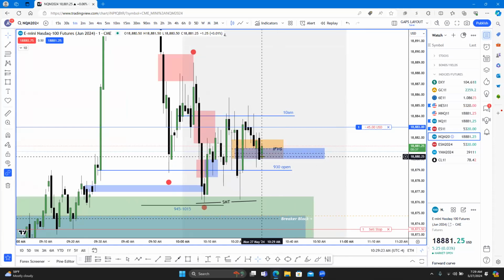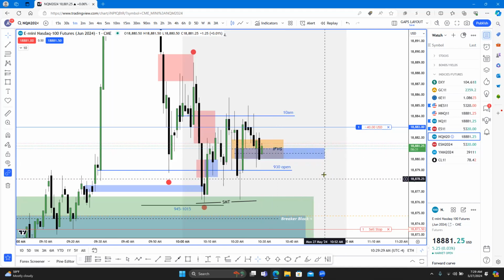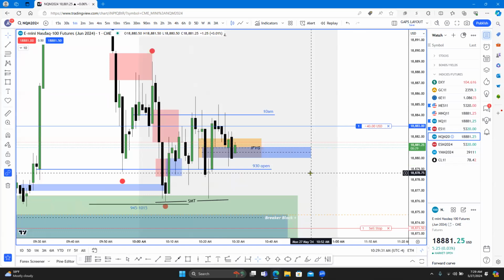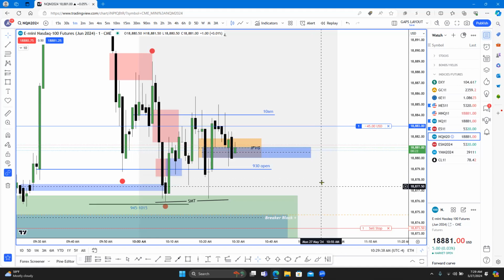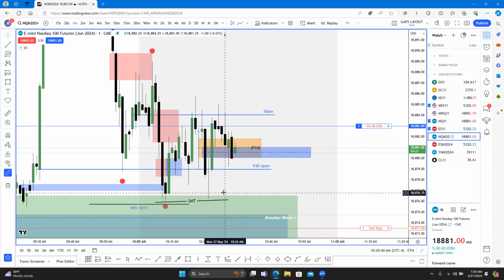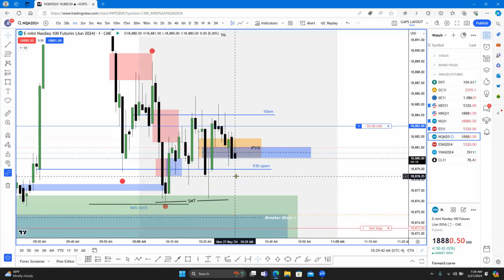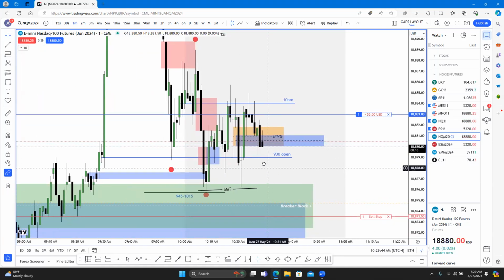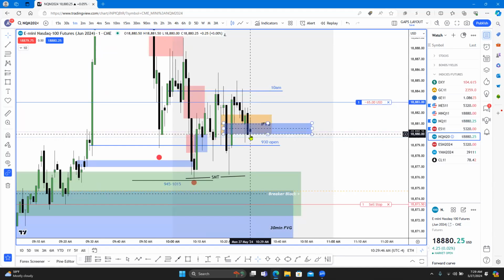10:30 specifically is the London close. So we could get a lot of volume coming in, London's market on close orders being filled and put in, finalized, things like that. So based off of time, that's what could send us lower.